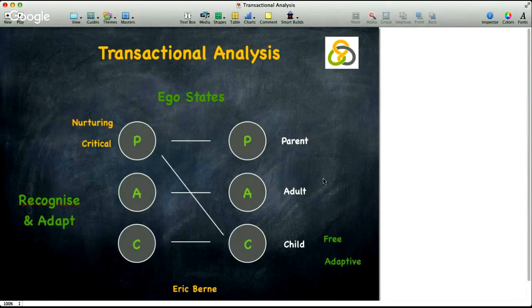So how do we need to use this? We need to recognise that we have the ability to adopt any ego state. To use transactional analysis, we need to identify which ego state our staff is in, and to adopt the ego state which is most effective in dealing with them.